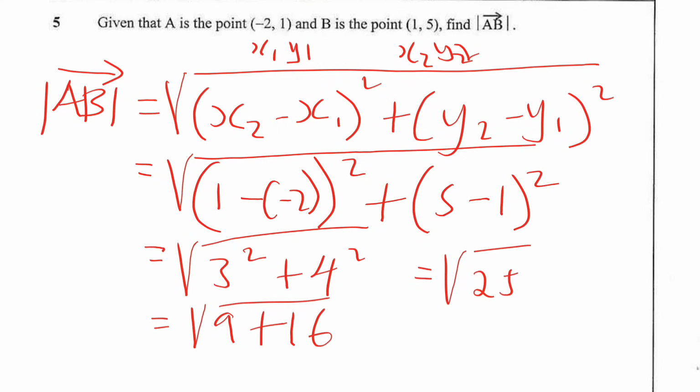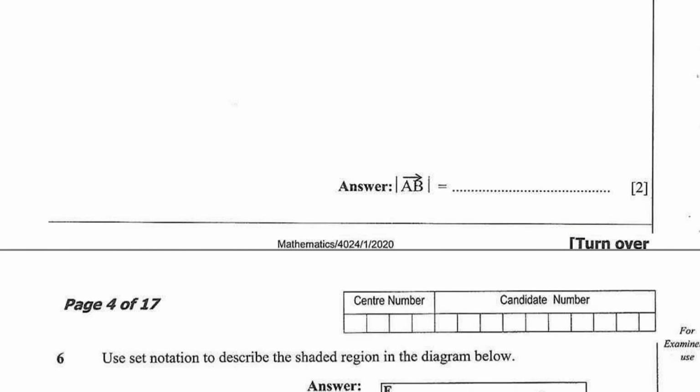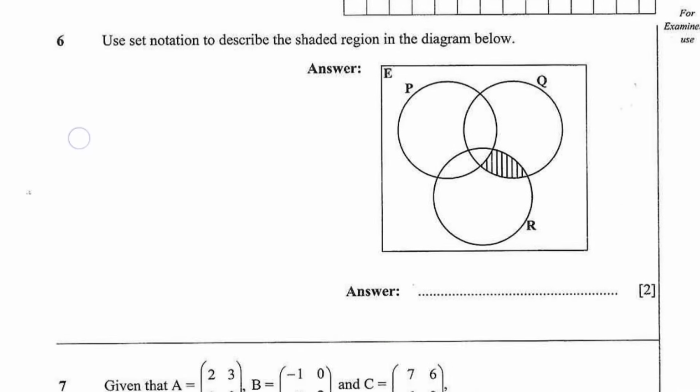So the magnitude, the absolute value, the square root of 25 is just 5 units. Okay, so this is the answer. So that's question 5.